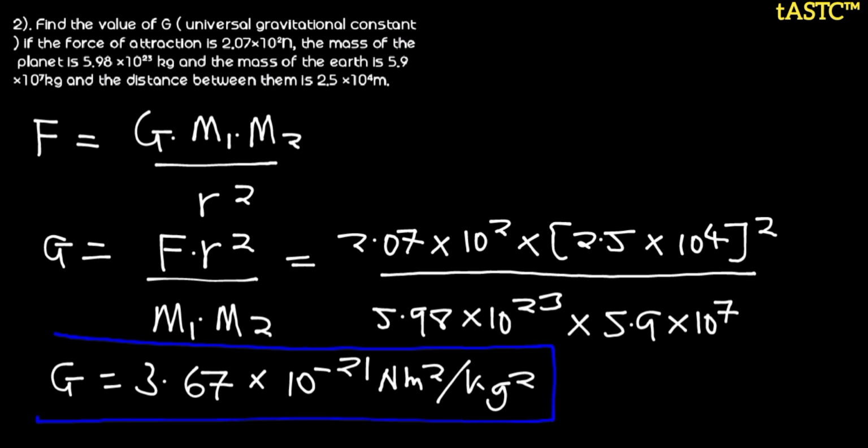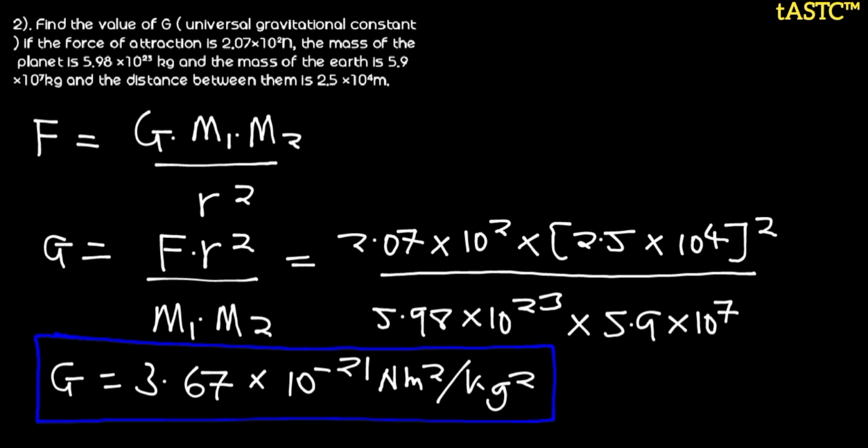Now you need to know that G, the gravitational constant, as the word indicates, is actually going to be a constant. It turns out in this case that the value for the force that we were given is not actually the exact form of the force that might be present.